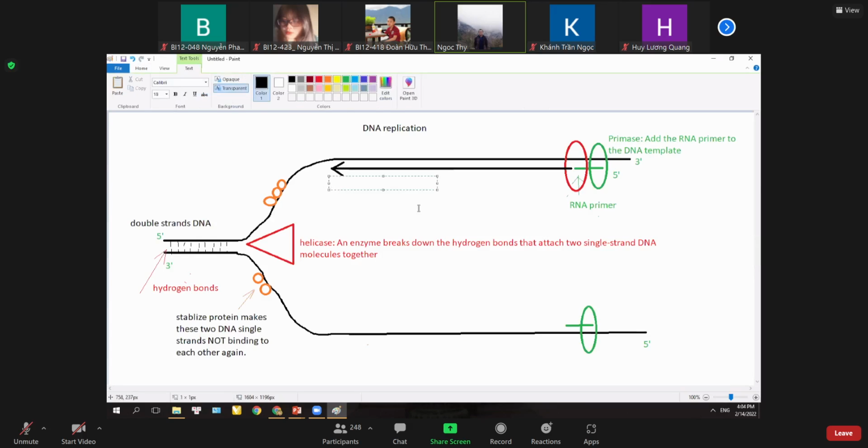So here the DNA polymerase synthesizes the new DNA strand from the primer position.